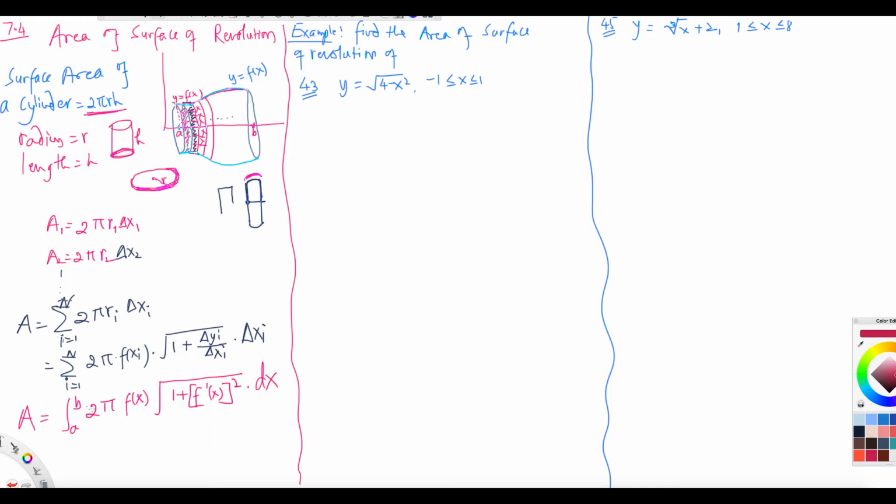That's what you do, right? So basically this is the case when n tends to infinity.